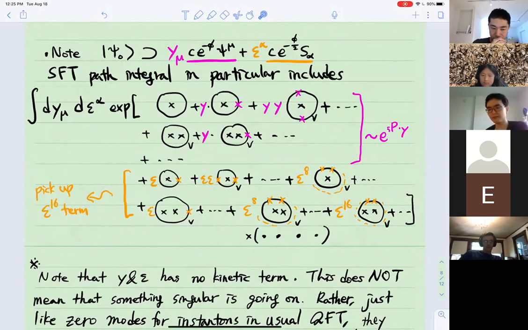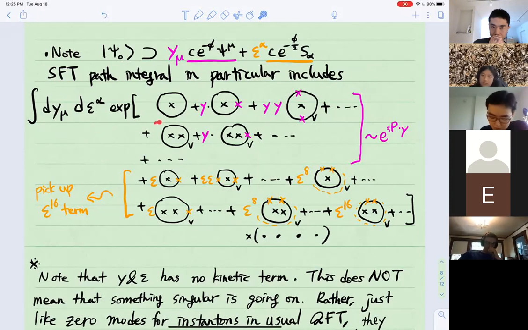Okay, ghost zero modes are not the only weight zero modes in the open string field sector. There are the usual bosonic and fermionic instanton moduli modes. So let's look at how they appear in the string field path integral. They appear in infinitely many diagrams, but I'm just writing down some of them. First, we have integration over these fields, y and epsilon.